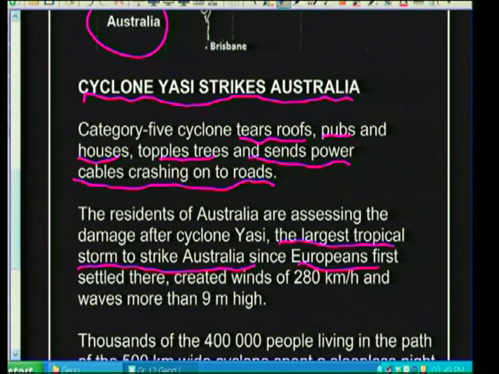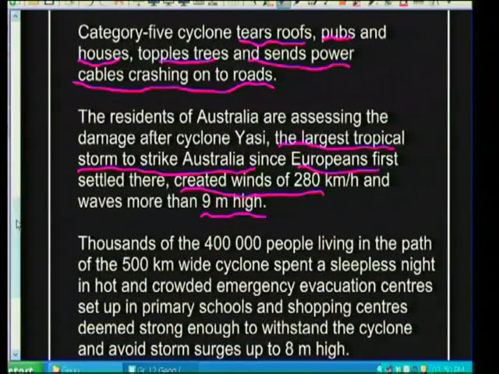All right? It created winds of 280 kilometers. That confirms it's a level 5. All right, a very fast one. Look at the waves at 9 meters high. Okay?